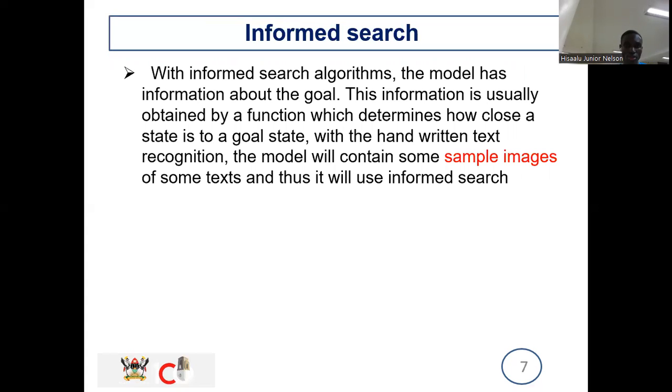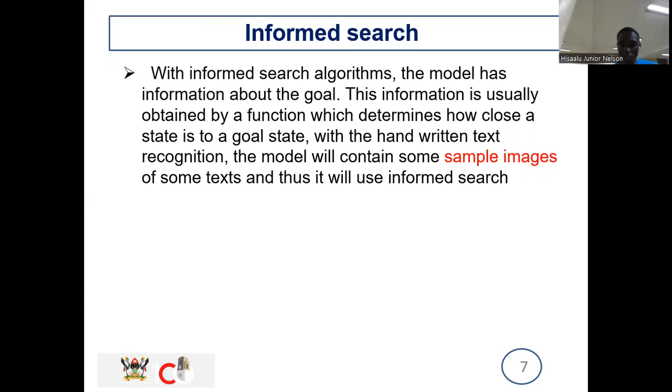So looking at my model, I need to differentiate these two terms: informed search and uninformed search. With informed search, it means that the model you're training has information about a specific goal.